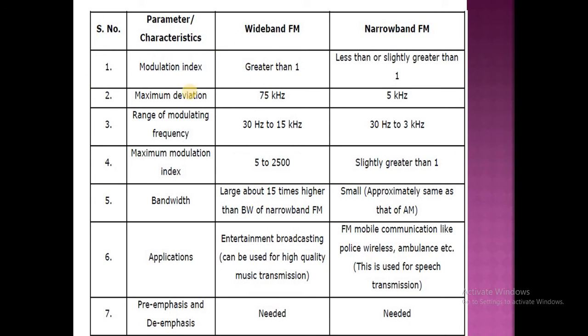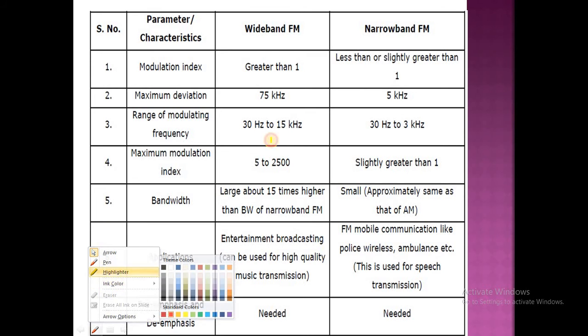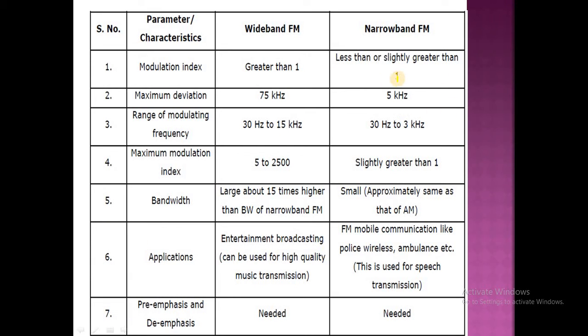So this is the comparison table between the wideband FM and the narrowband FM. Modulation index: in case of wideband, modulation index beta is greater than 1. In case of narrowband FM, beta is less than 1. The maximum deviation in case of wideband FM is 75 kHz. In case of narrowband FM, the maximum deviation is 5 kHz.